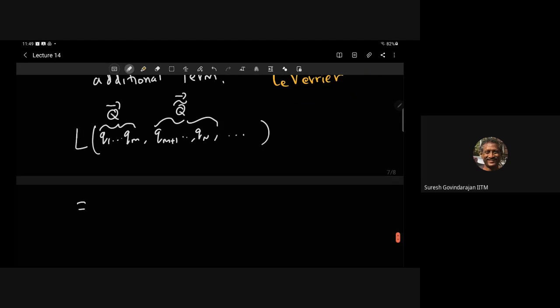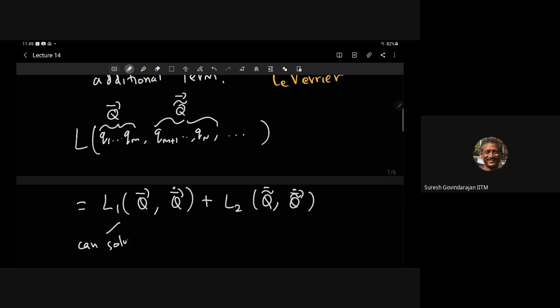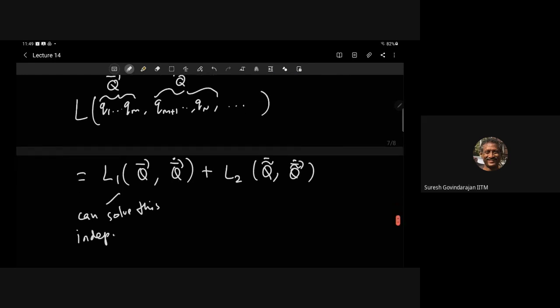Suppose you are able to write it like this: L1 plus L2. That means that all the variables in capital Q do not talk to the variables in capital Q tilde. So you can solve this separately, independent of Q tilde.